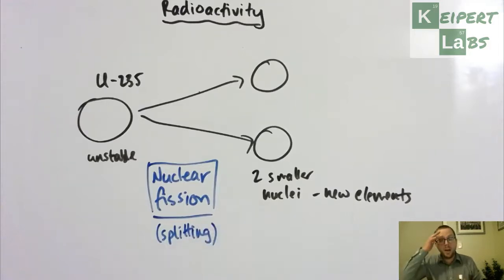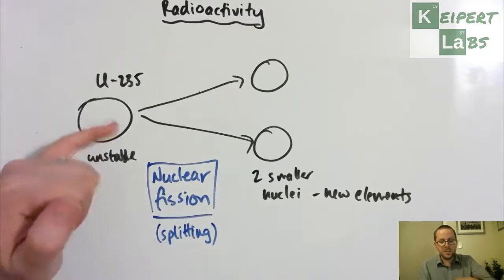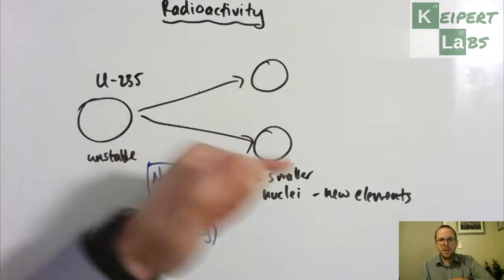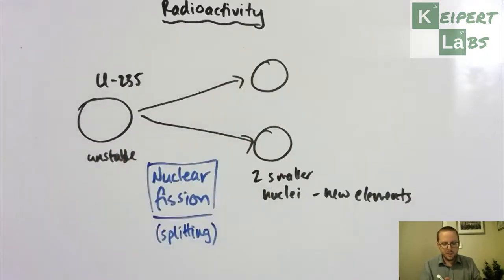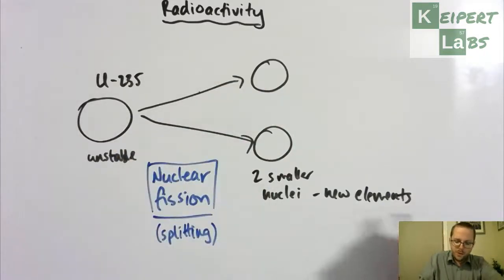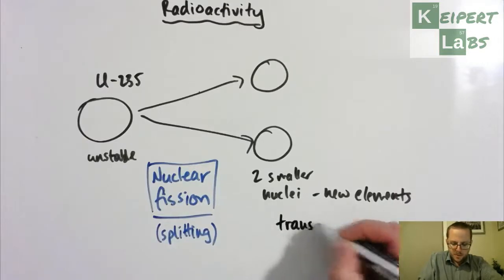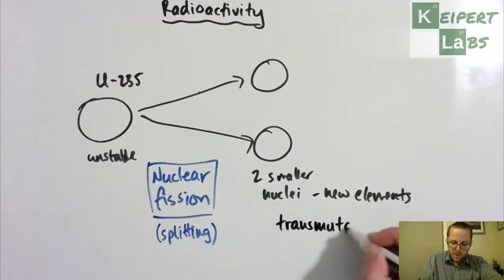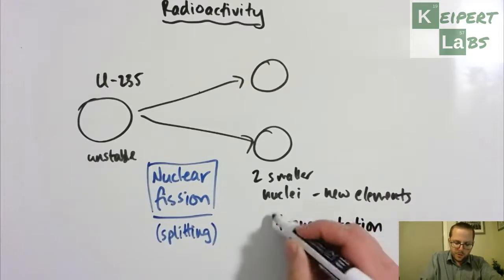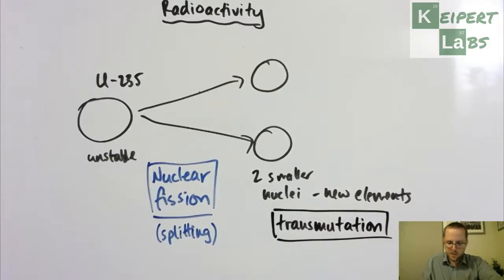We talk about bacteria undergoing binary fission to split into two to make new bacteria. Nuclear fission is where we have one nucleus that splits to make smaller nuclei. And because we have made new elements as a result, we call this process transmutation, where we're turning one element into totally new elements.